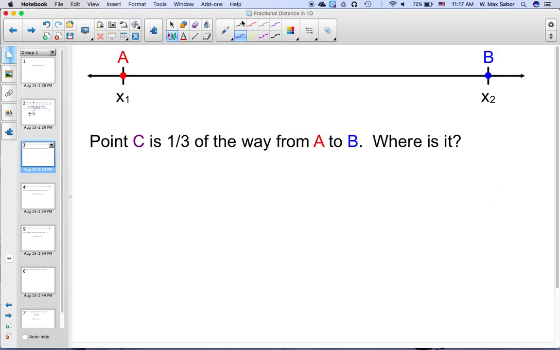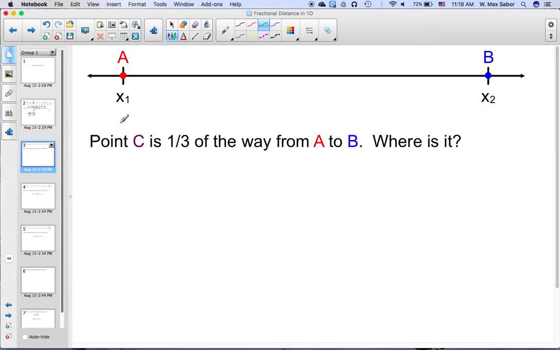Well, let's make this more general. If I want to say that it's a third of the way from A to B, and I don't give you the numbers, I just say from this number, x1, to this number, x2. Those 1s and 2s are not numbers to do addition or subtraction with. They're just saying this number is a variable, this number is a different variable. Where is it?